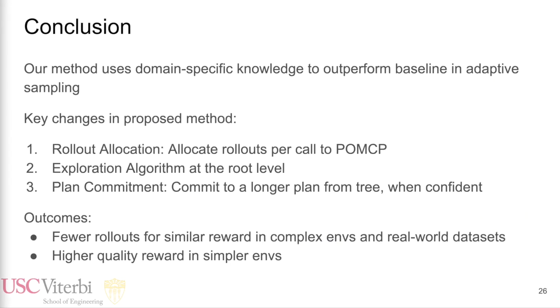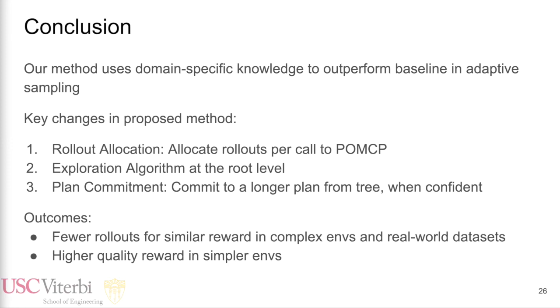To conclude, our proposed method takes into account domain-specific knowledge to achieve better performance on the adaptive sampling problem than the POMCP baseline. Our key contributions are 1. Rollout allocation, to allocate rollouts differently per call to POMCP. 2. Exploration algorithm, to choose the appropriate exploration strategy at the root of the POMCP tree.